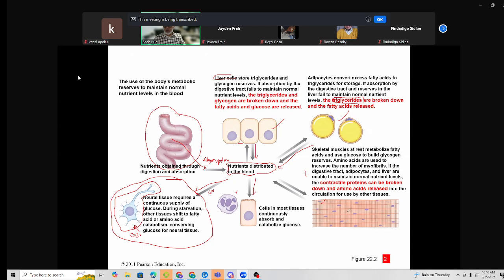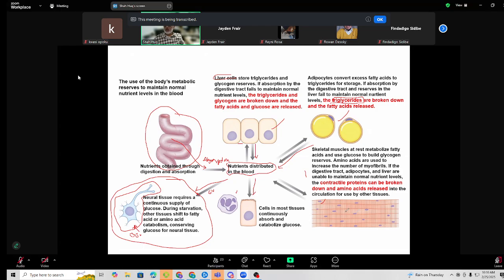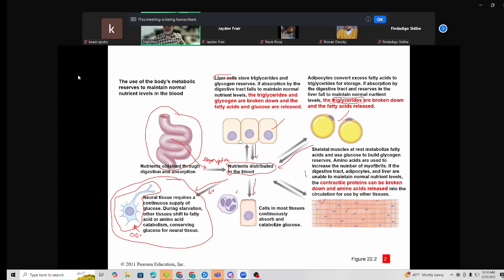Okay, the last one is the muscles. So this is the skeletal muscle showing, mostly the skeletal muscle, not the other two muscles. They are the source of the energy, because they get glycogen deposited in them. This is present here, and this will be broken down.